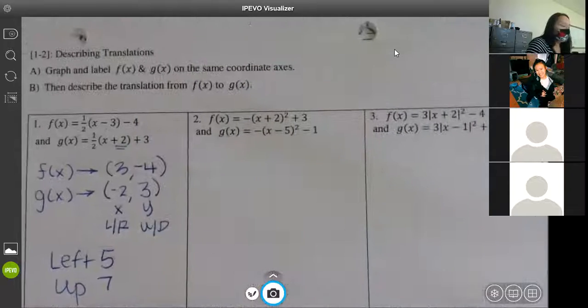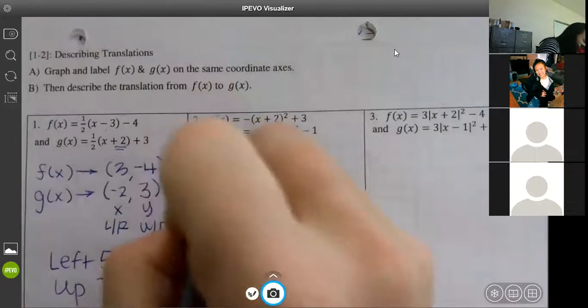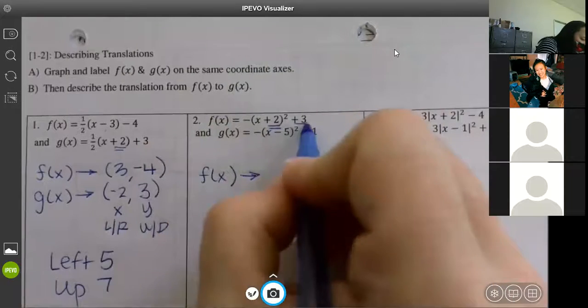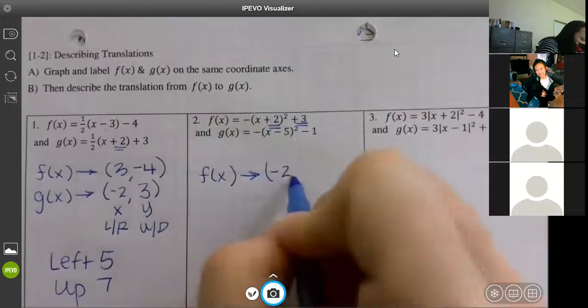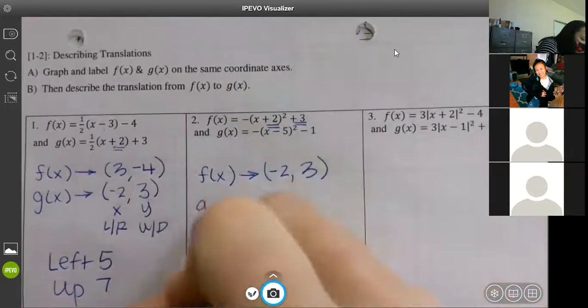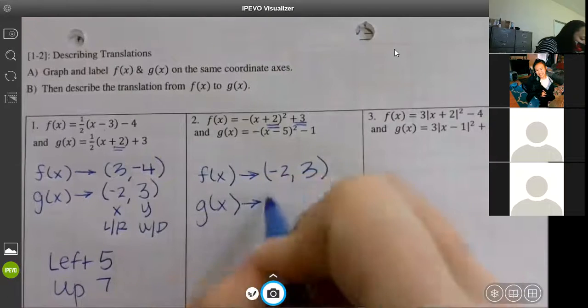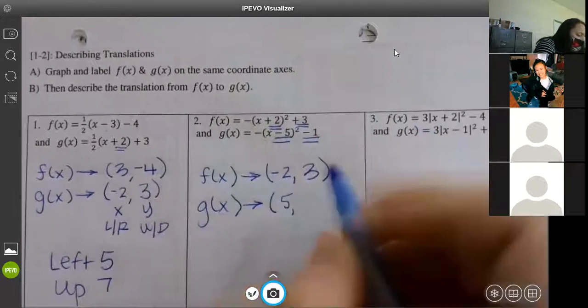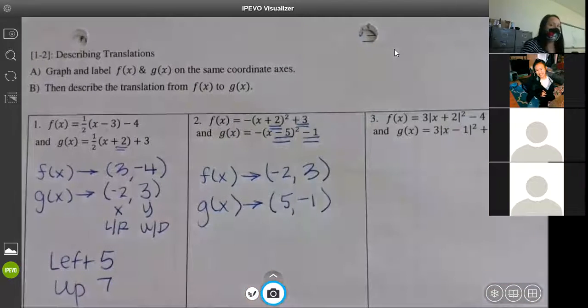So I'm not going to graph the other ones. You can if you want to. I'm going to start with my f of x vertex. We're going to change x, keep y. So change x, keep y. Same thing on the next one, change x, keep y. So change x to +5, keep y to -1.